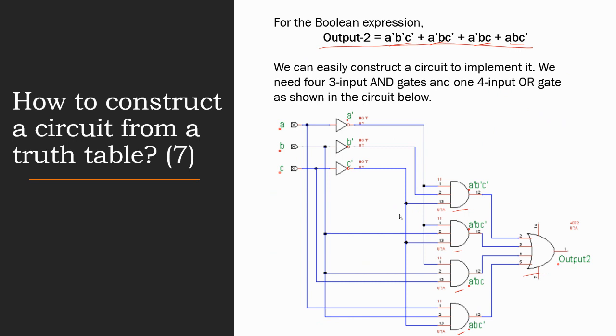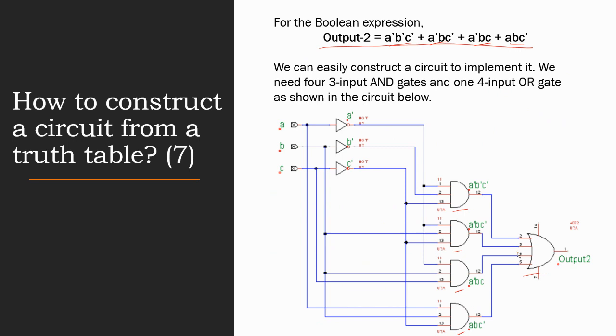The second group of inputs is not A, B, and not C. The third group of inputs is not A, B, and C. And the fourth group of inputs is A, B, and not C. Finally, we use a 4-input OR gate to combine the outputs from the 4 AND gates.